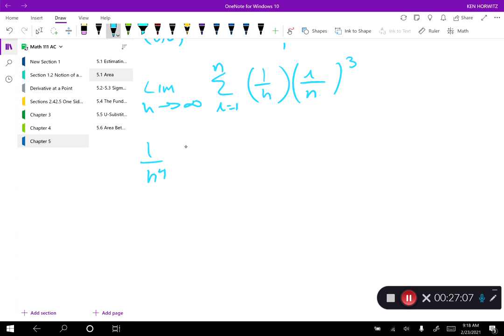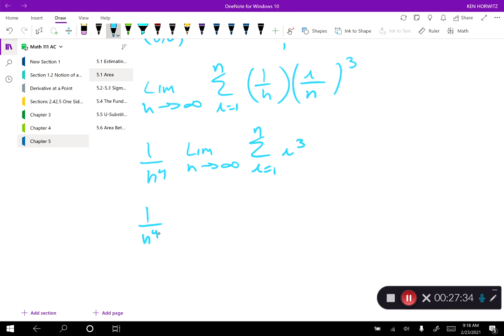And then I'm going to be left with the limit as n approaches infinity of the sum, i equals 1 to n, of i cubed. My bad, I have 1 over n to the 4th.